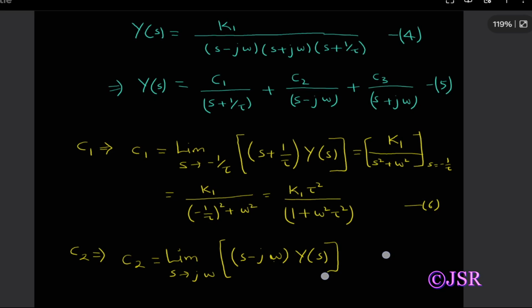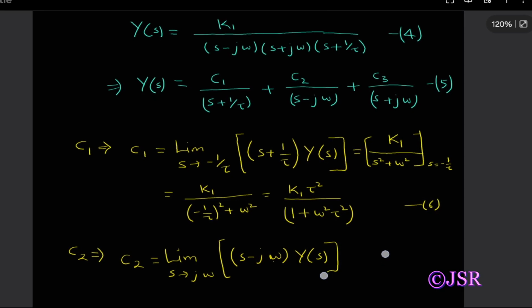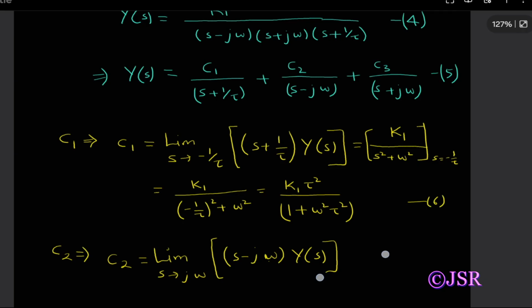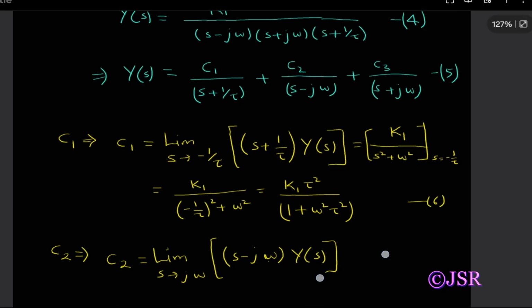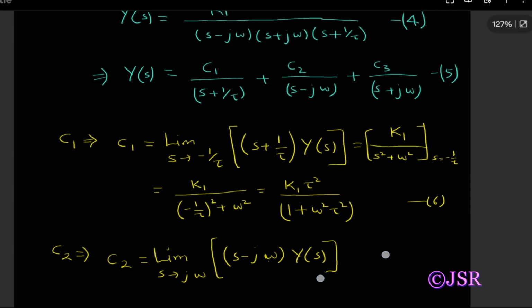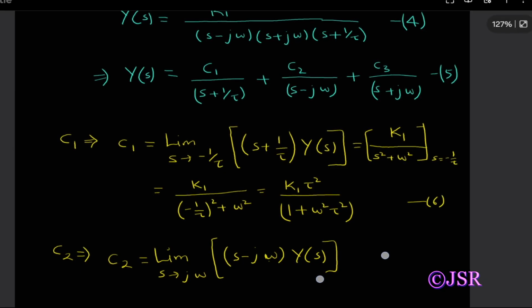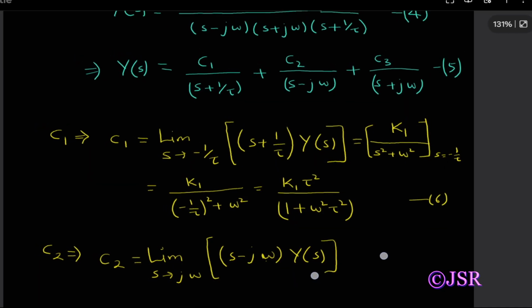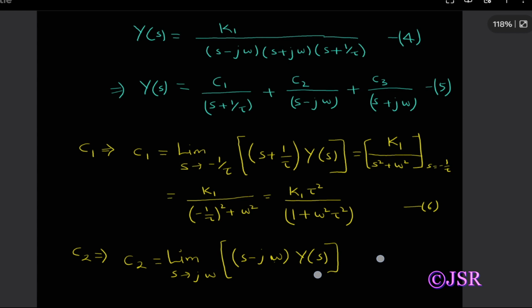From equation number 4 we have y of s equal to k1 upon (s minus j omega) into (s plus j omega) into (s plus 1 by tau), which will be multiplied with (s minus j omega).